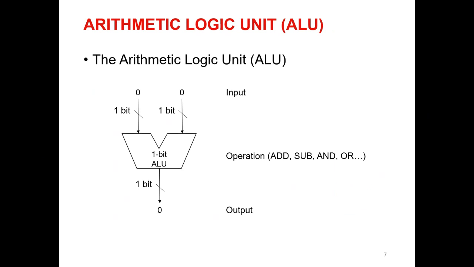To represent this arithmetic logic unit, we usually use the symbol that we have on the screen. For instance, a 1-bit arithmetic logic unit means that we have 2 inputs, and then we have 1 output as a result. And inside this, as we have mentioned in the past, the arithmetic logic unit is responsible for doing operations such as AND, OR, addition, subtraction, and so on.